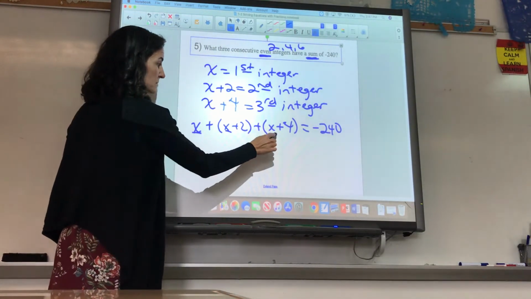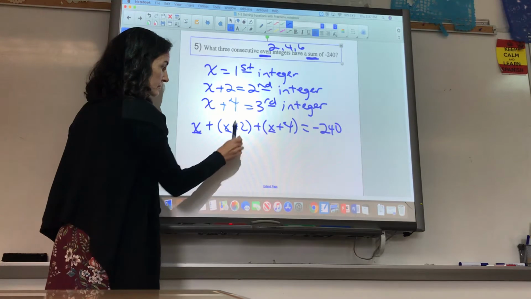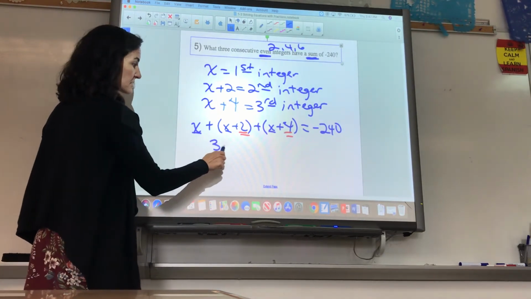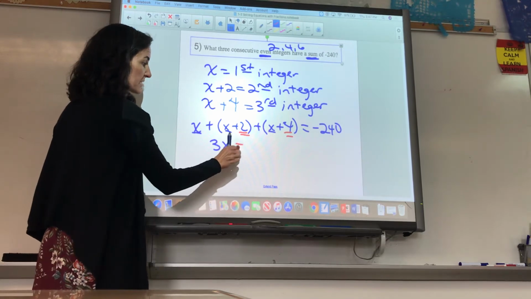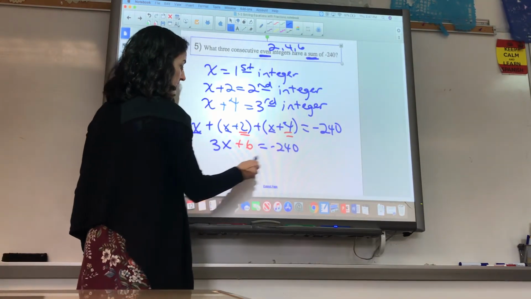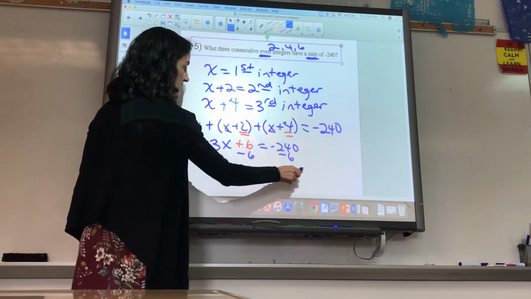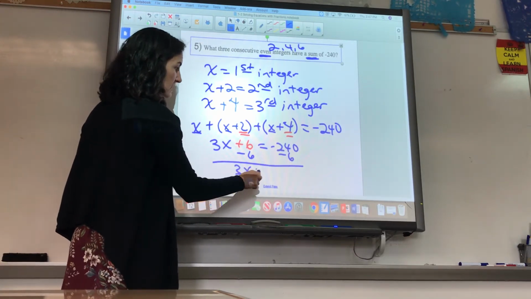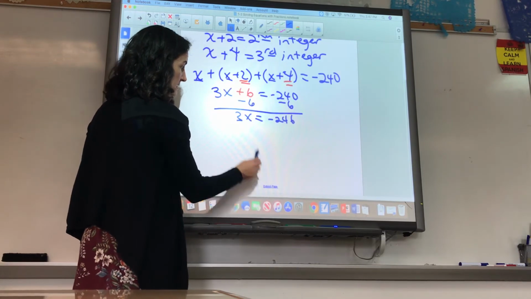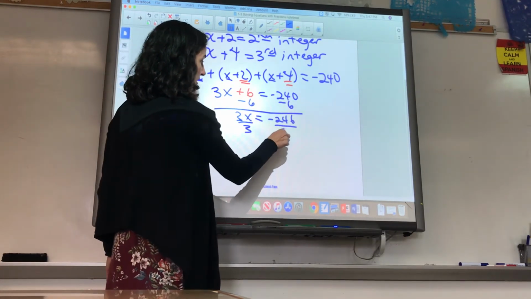Combining like terms, I have 3 x's plus 6 equals negative 240. Subtract 6 from both sides. 3x equals negative 246. Divide both sides by 3.